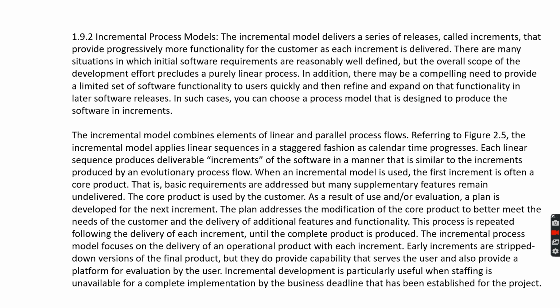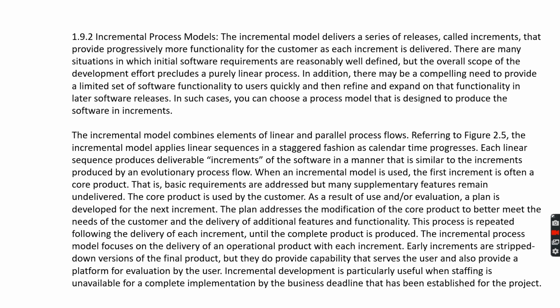So the core product is used by the customer. As a result of use and evaluation of the product, a plan is developed for the next increment, based on the information gained by the customer after the first increment. This process is repeated following the delivery of each increment until the complete product is produced.